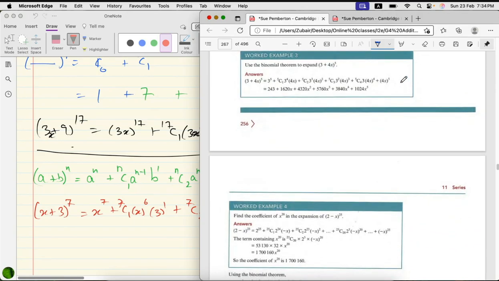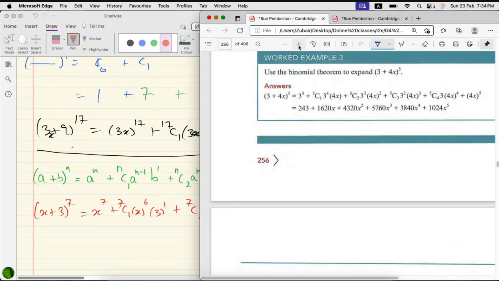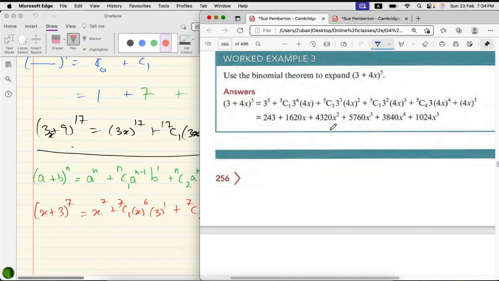Try this solved example: (3 + 4x) raised to power 5. See if you get the same answers. At first, it's just the first value to the power of 5, because that's the A value.